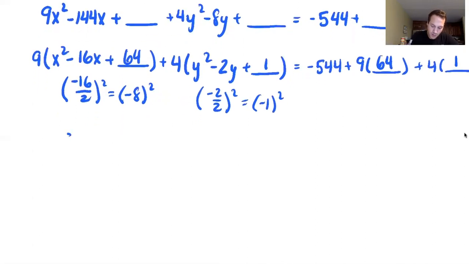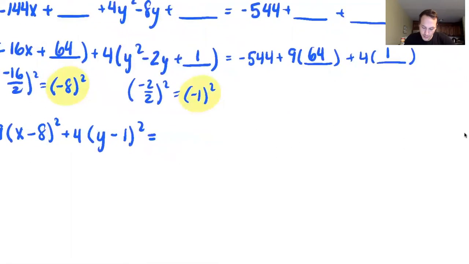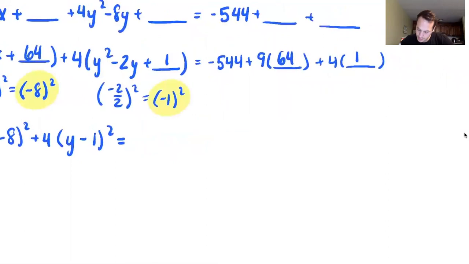Okay. The left side becomes 9 parentheses x minus 8 squared plus 4 parentheses y minus 1 squared. Remember, even though this is an ellipse, I always show that step for a reason. The right side, I do have to simplify.